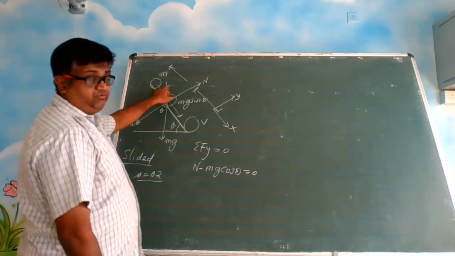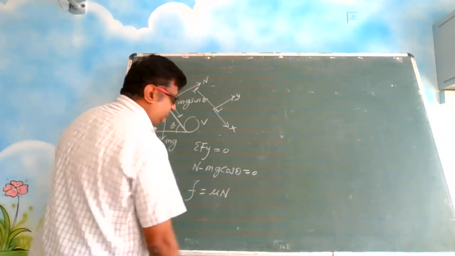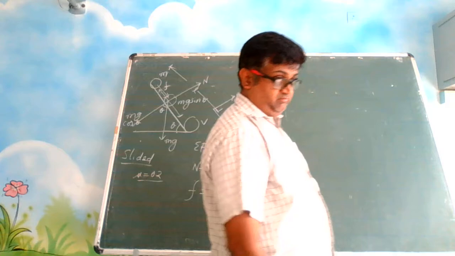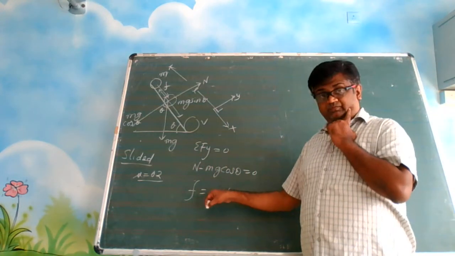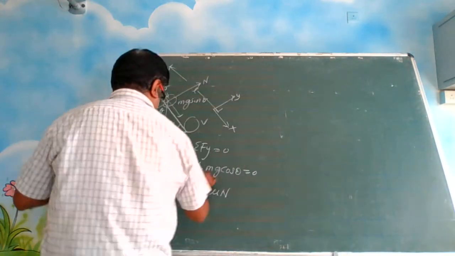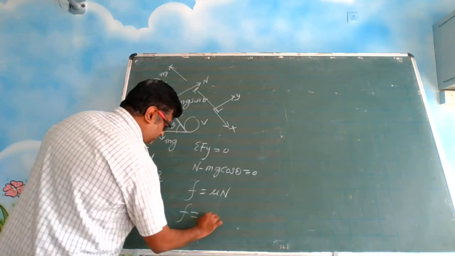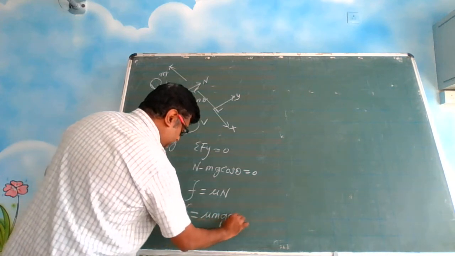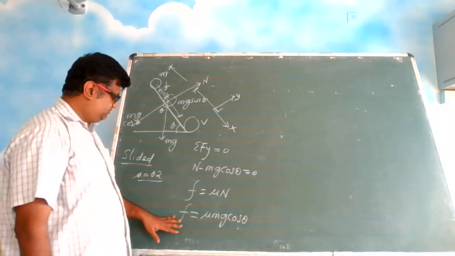You know the definition of friction is mu times N. We have discussed in the friction chapter that you find N, multiply with mu, you get the frictional force. So from this equation, F is equal to mu mg cos theta.